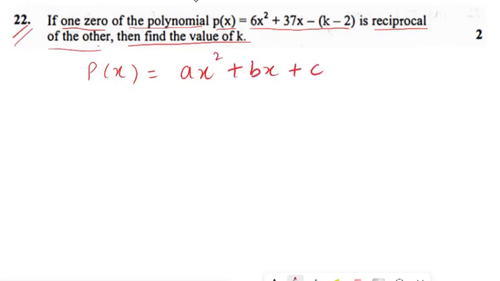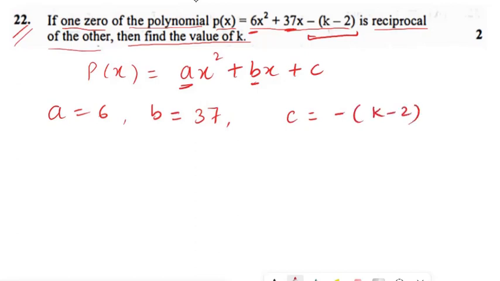So now compare, a is 6, b is 37, and in place of c we have minus (k minus 2). So this is the recognition of the coefficients a, b, c here.